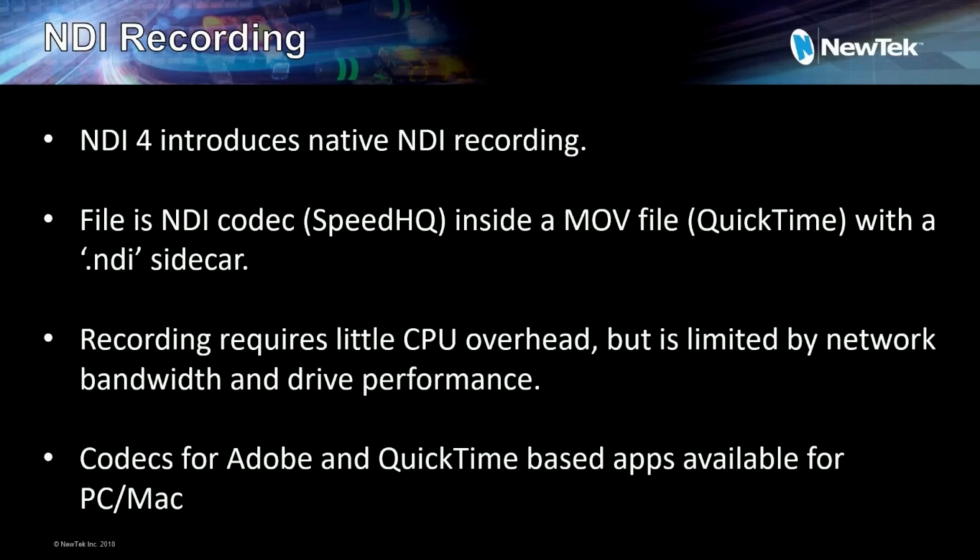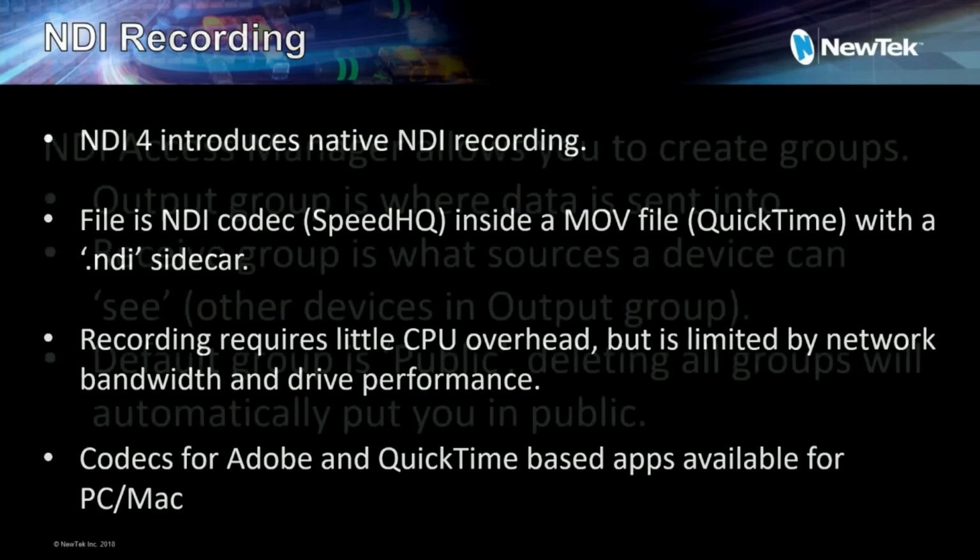So the exact same data rate bit stream of NDI can get saved to disk without degrading the footage at all. And because the hard part, which is the encoding, has been done on the source device, there's almost no CPU overhead involved. It just takes that data and writes it to disk, which makes it very simple. There are codecs available for all sorts of applications to be able to read and work with these files.